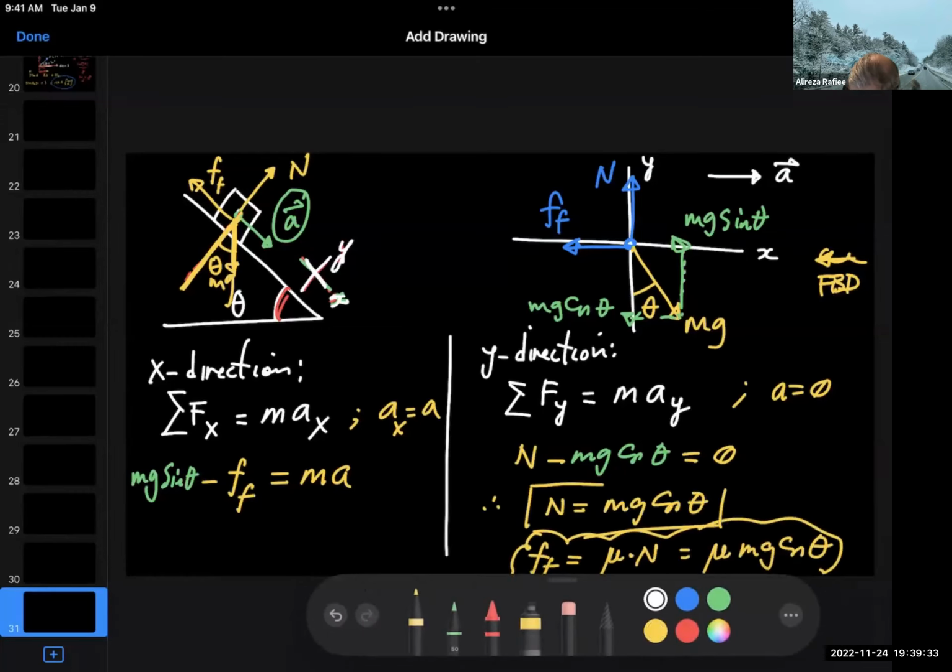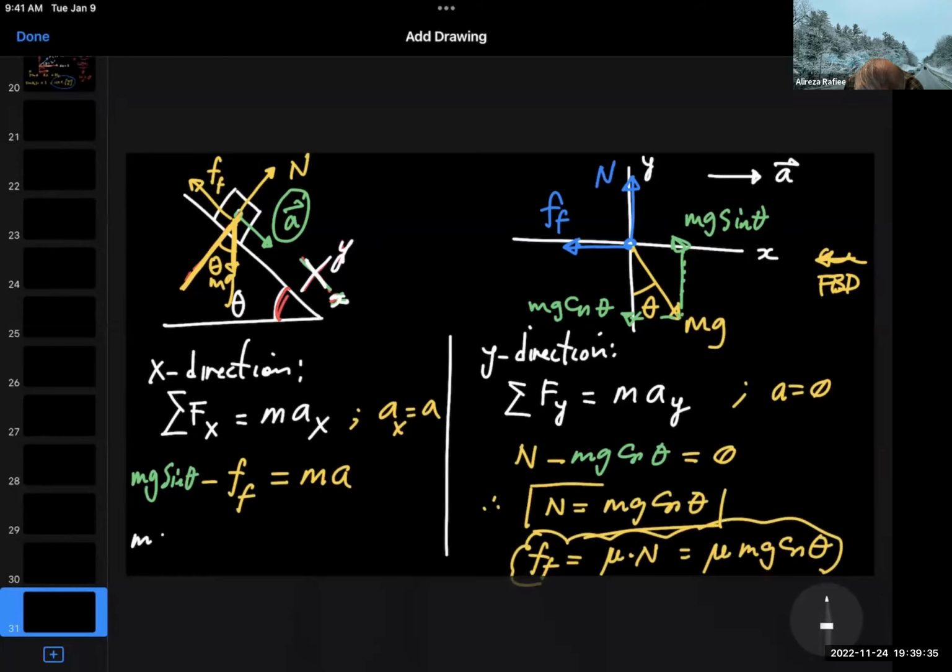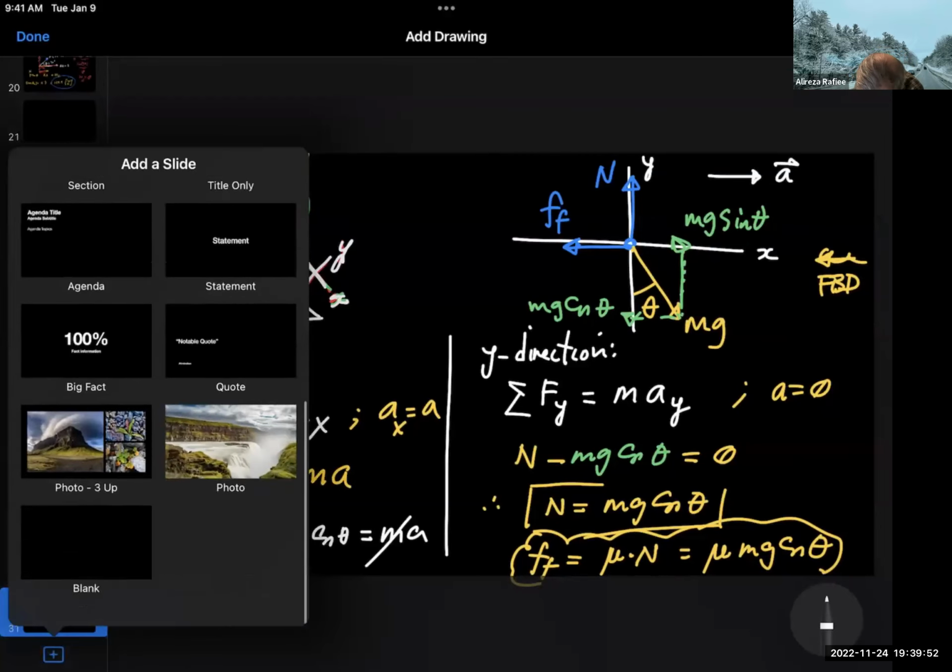And so I can take this one to the other side and say mg sine of theta minus mu mg cosine theta is equal to ma. Obviously, m is used in all of them, so I can cancel it out. And that's it. Now I can solve this equation.